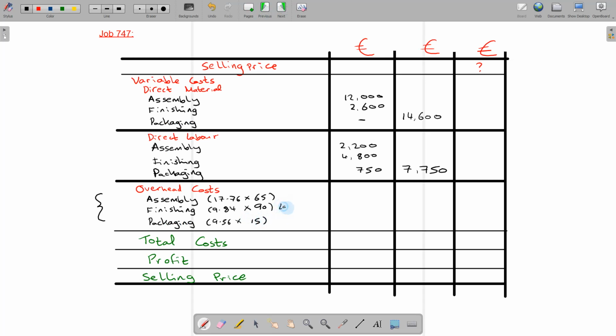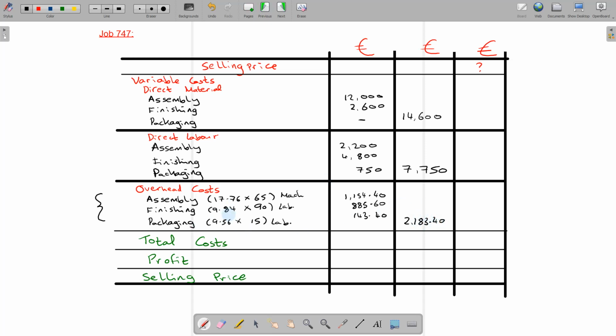So again, labor, machine hours. Perfect. Now, so the answer to that is 1,154.40, 885.60, and 143.40, which the total for overheads is 2,183.40.